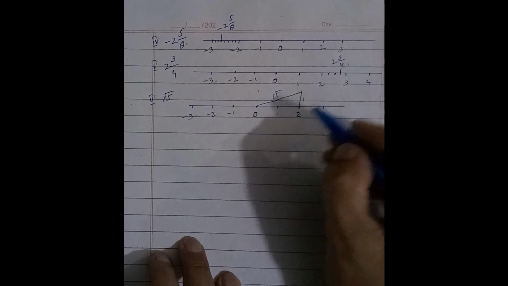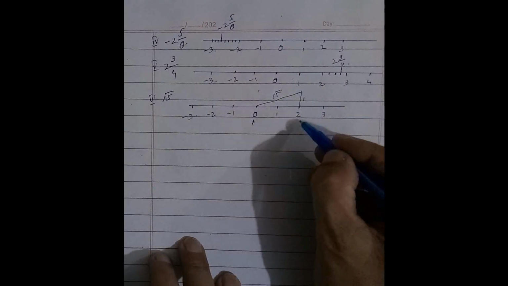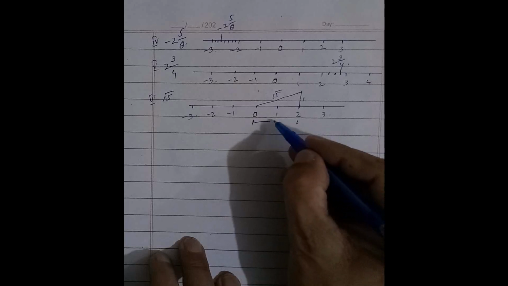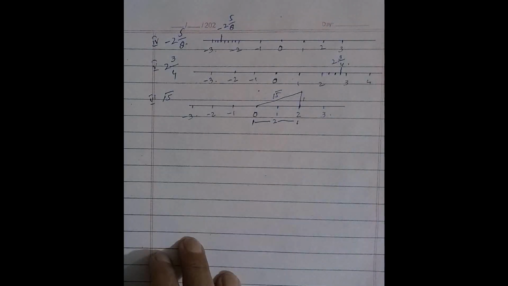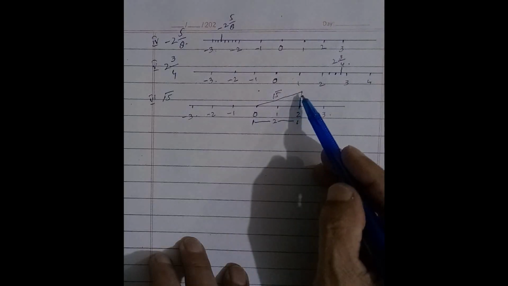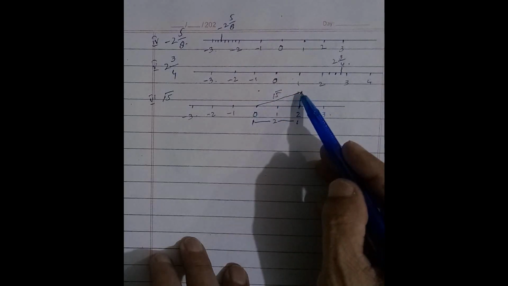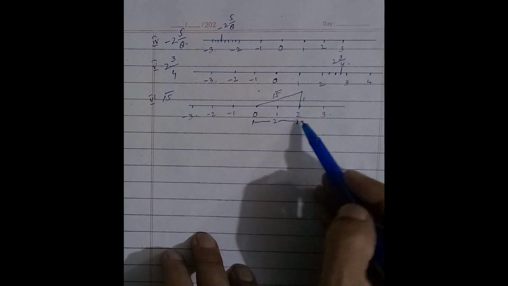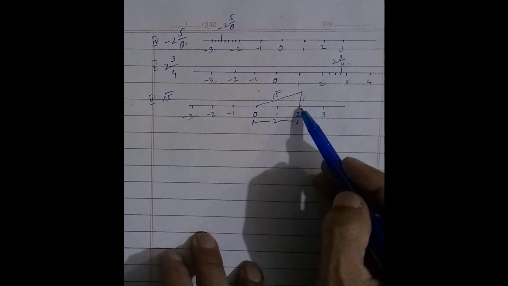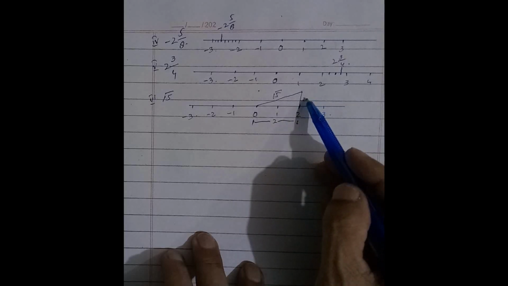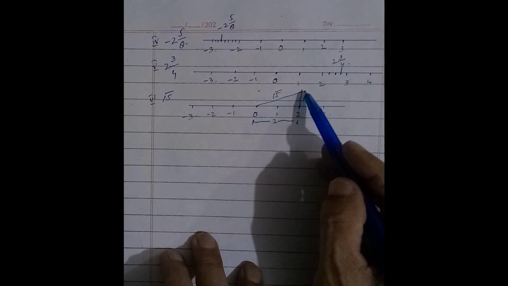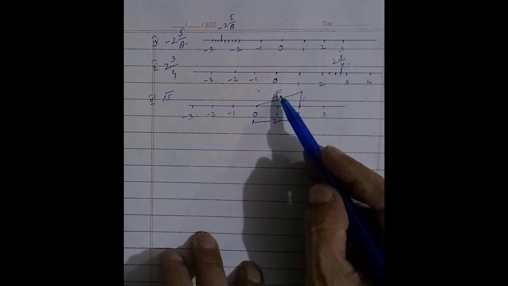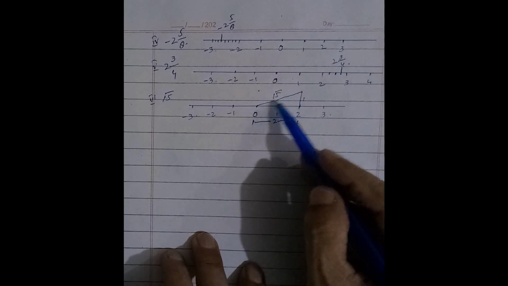And this is 0, 1, and here is 2. And we all know base squared plus perpendicular squared is equal to hypotenuse squared, and then we take the square root. 2 squared is 4 and 1 squared is equal to 1. 4 plus 1 is equal to 5. This is the hypotenuse squared, 5, and when we take the square root, the answer is square root 5.